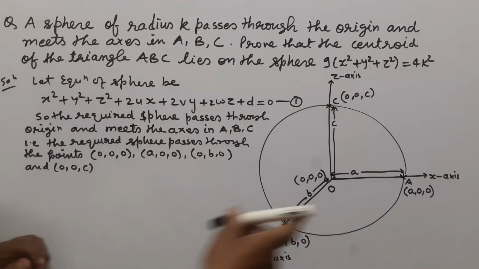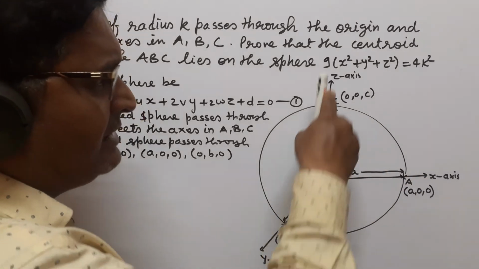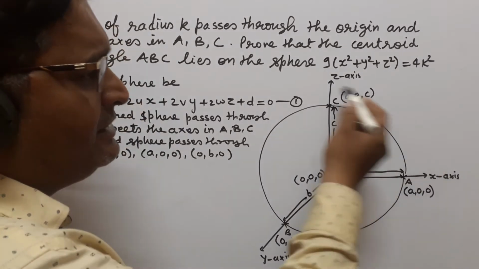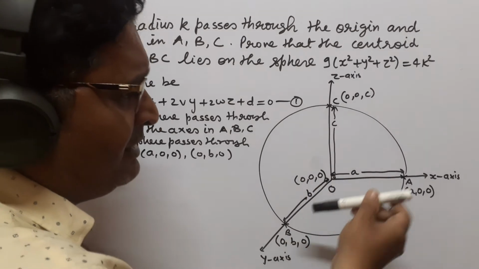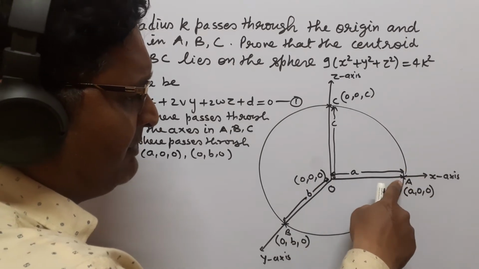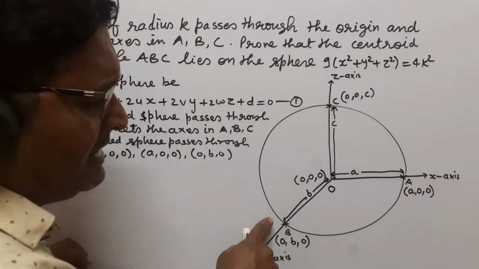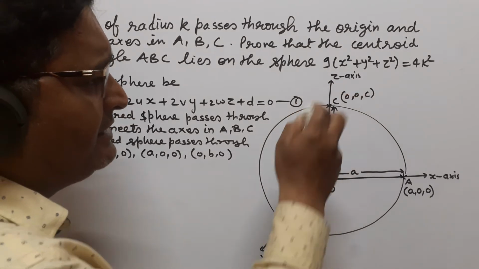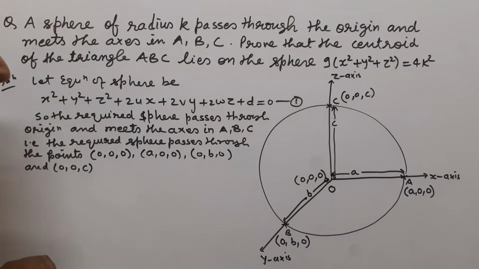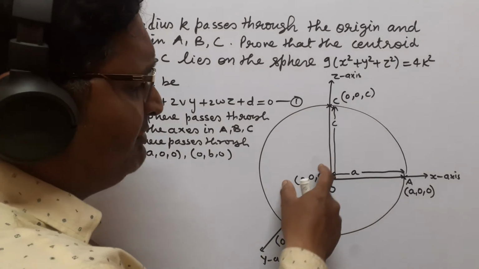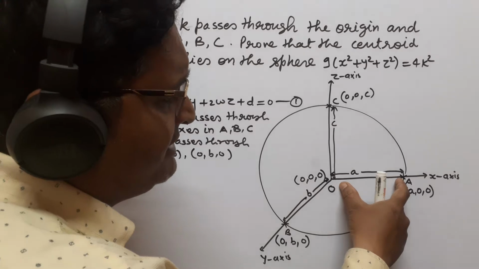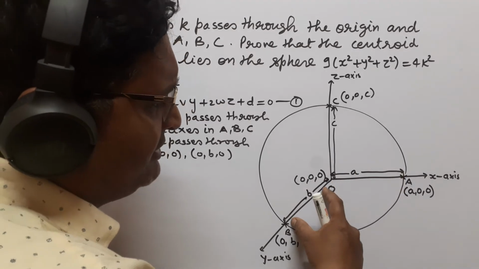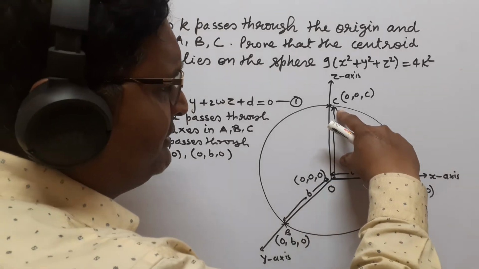It is given that suppose this is x axis, this is y axis, this is z axis and this is the sphere which is passing through the origin and meets the x axis at capital A point, the y axis at capital B point, the z axis at capital C point. Suppose that this OA distance is small a, OB distance is small b and OC distance is small c.